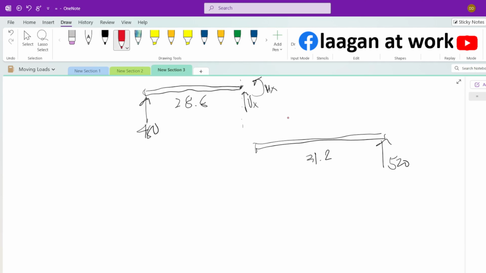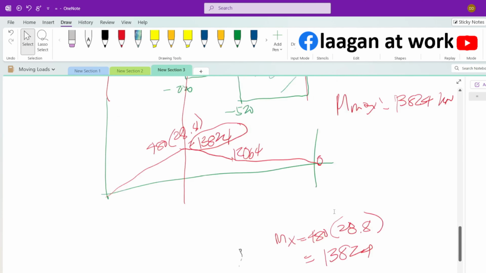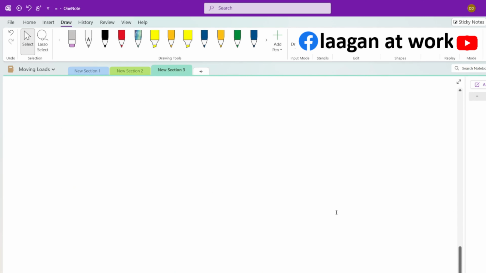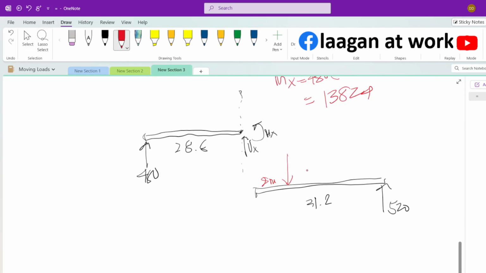And then you have your load here, 8 meters from the end, so this is 23.2, and this is 300. So this is your moment at X. This is your shear at X, going down, because we already have the one at the top going up. And then this one is counterclockwise. Now this would be clockwise.